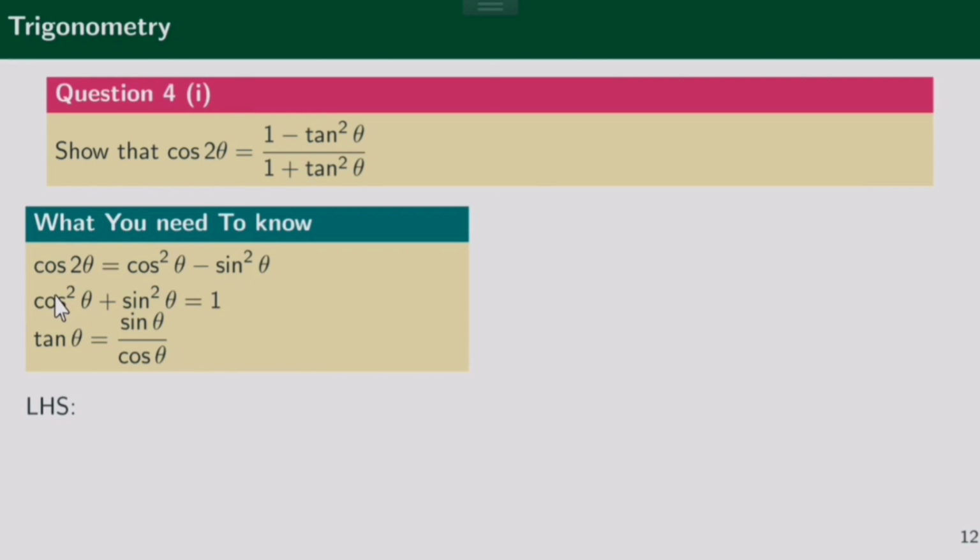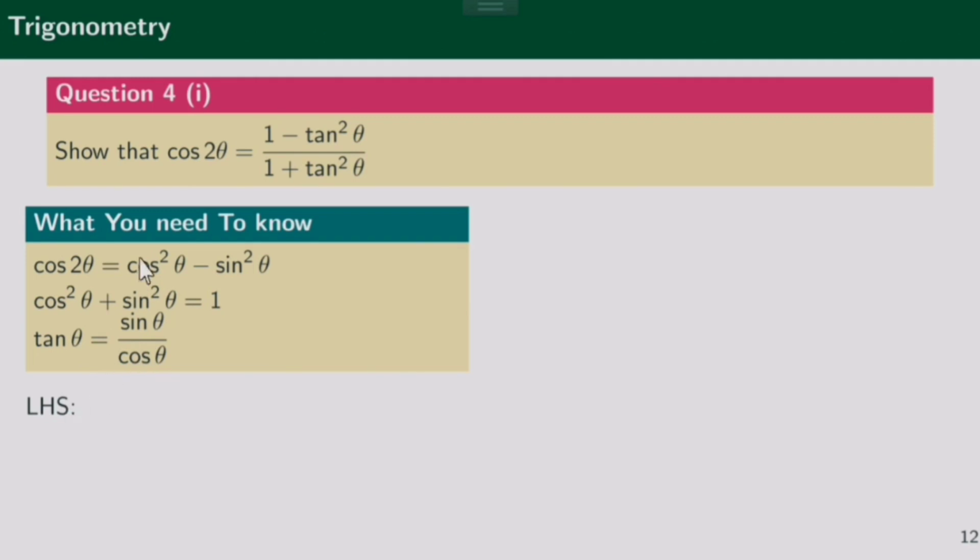Then the next thing you need to know is that cos squared theta plus sin squared theta is equal to 1. If you find cos of an angle and square it and add it to the square of the sine of the same angle, your answer will be 1. Then what again? Tan theta is the same as sin theta divided by cos theta.